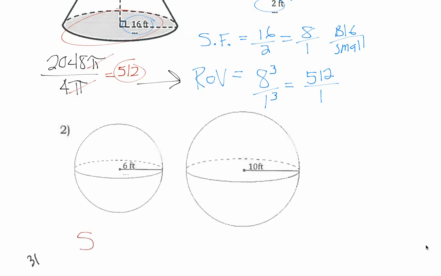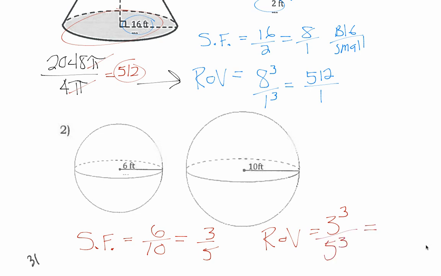Scale factor equals 6 over 10. We can simplify that down to 3 over 5. So the ratio of the volumes is going to be 3 cubed over 5 cubed, which is going to be 27 over 125.